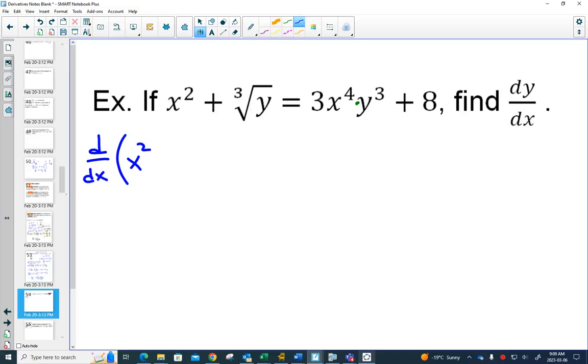and say I want to find the derivative of the whole equation, but I'm going to change this cube root to 1/3 in brackets, and I put a d dx out in front, and I want to find the derivative.